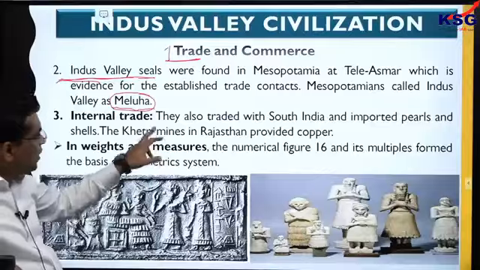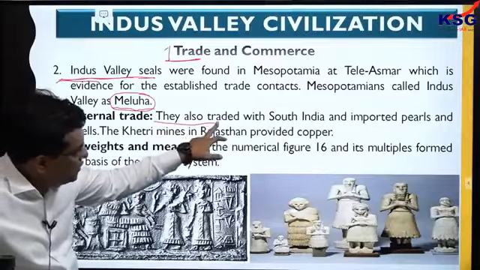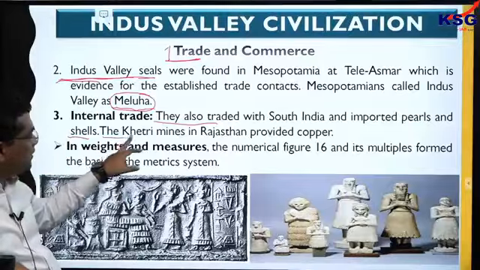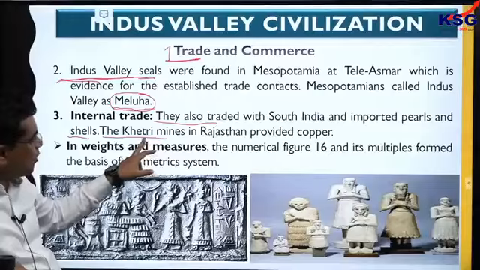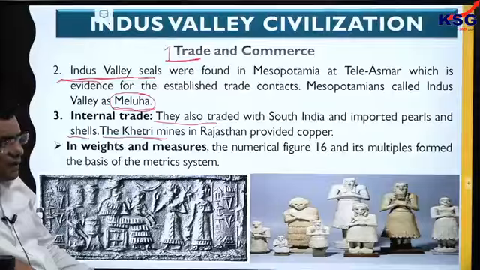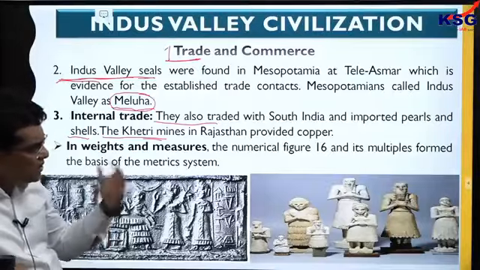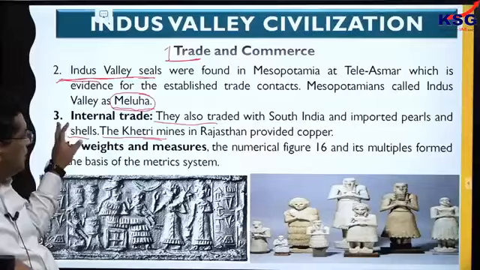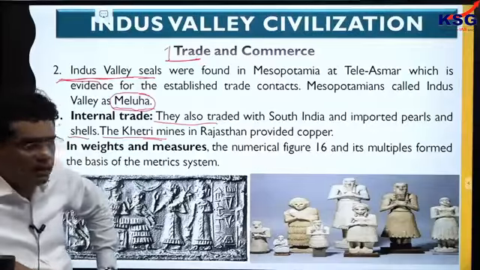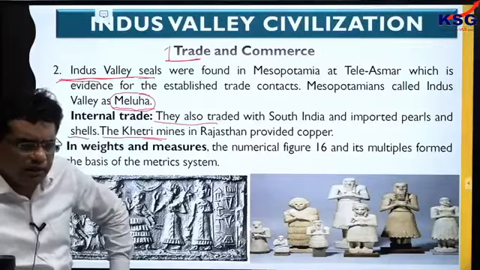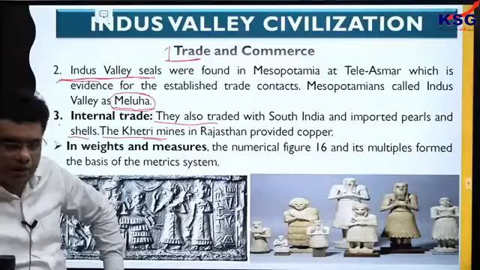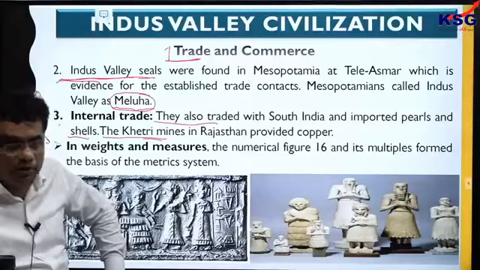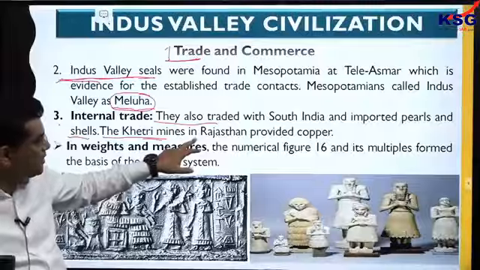Internal trade: they also traded with South India and imported pearls and shells. The Khetri mines in Rajasthan provided the copper. So not only international trade, but within the zone of the Indus Valley civilization also, they have trading examples. From South India, they imported pearls. Pandya, I told you, is very important for pearls.